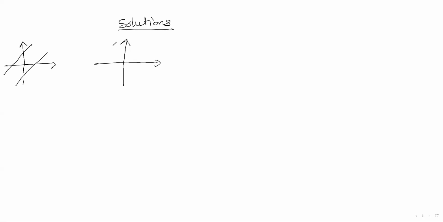We have solutions, right? Let me do some sort of a diagram. Let's say it's a two-dimensional system, but we're going to work with three-dimensional, and the idea applies to all kinds of systems. Then we've got a line and then another line. They intersect. These ones are parallel.